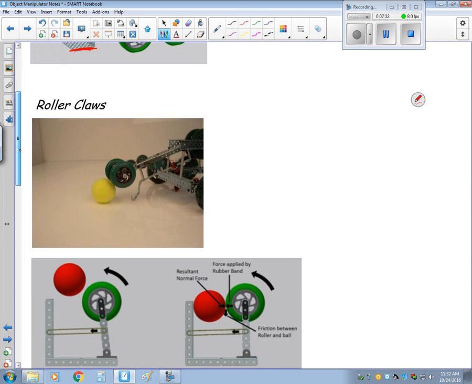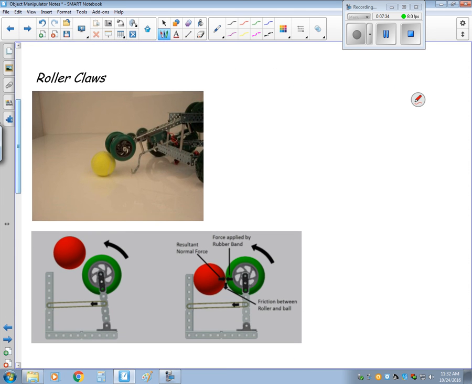Another type is a rolling claw, which takes advantage of a wheel. So we got a rotating wheel that kind of pulls in a game object. These ones are nice because they require less driver skill.